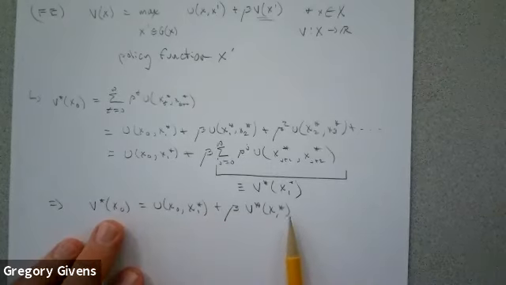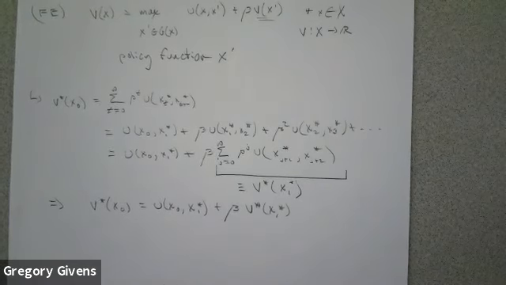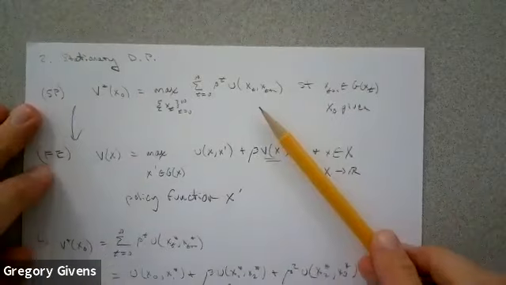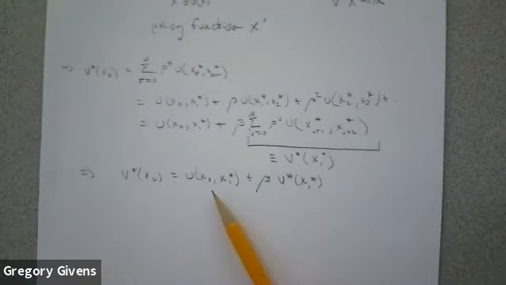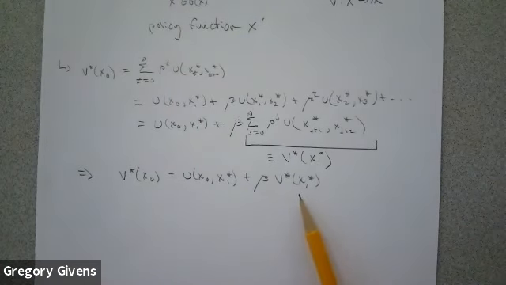This equation here encapsulates the basic idea of dynamic programming, which is called the principle of optimality. I'm going to state it more formally here in a minute, but basically it says that the solution to a sequence problem can be broken into two parts: what is optimal today plus the discounted value of continuing with that optimal plan from date one onwards.